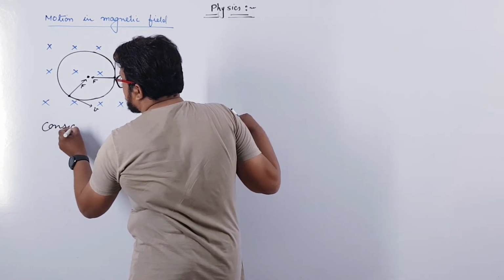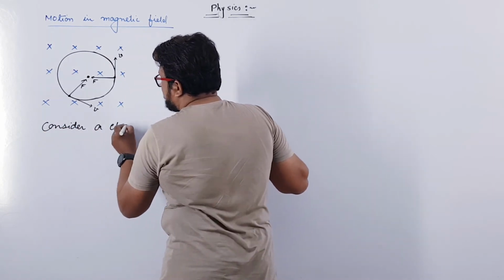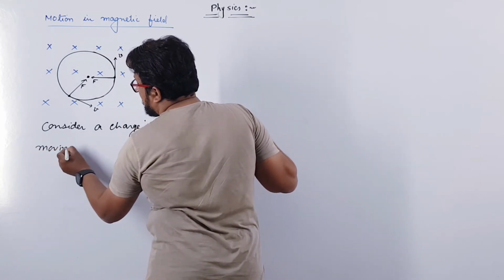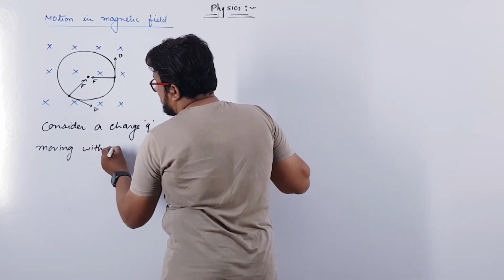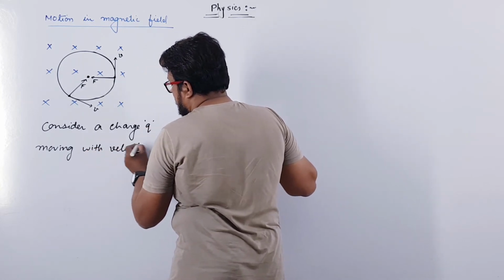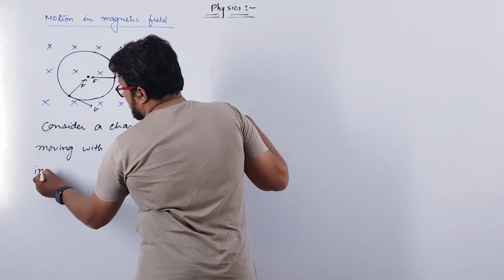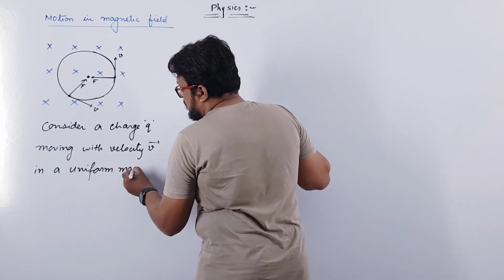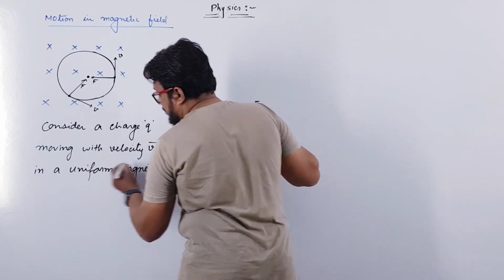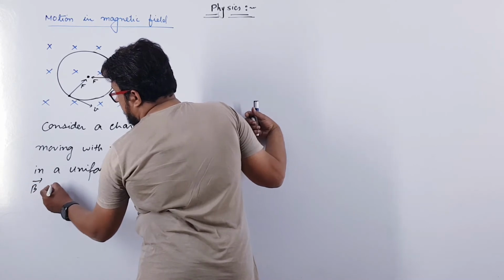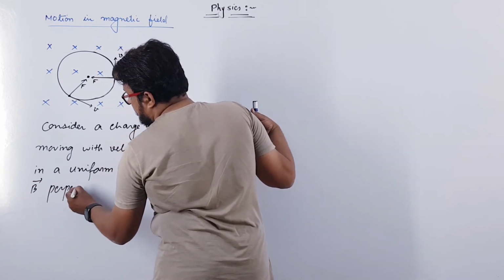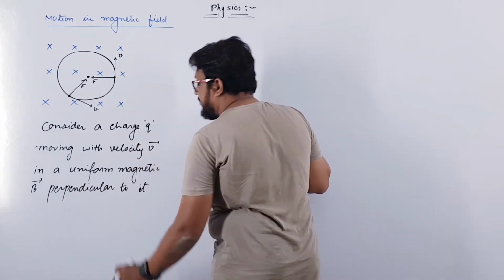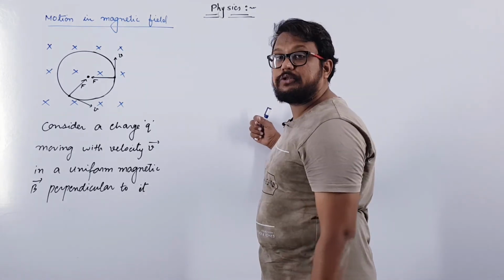consider a charge Q moving with velocity V in a uniform magnetic field B, perpendicular to it, meaning perpendicular to the magnetic field. It is moving in such a way that it is perpendicular to the magnetic field.